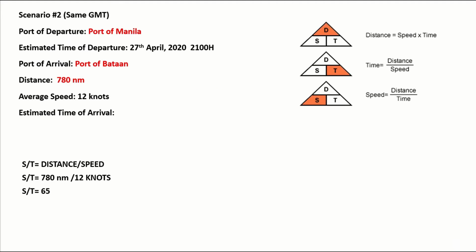So again, our first goal here is to find the steaming time. Based on this triangle here in the second figure, time is equals to distance over speed. So steaming time is equals to distance over speed.